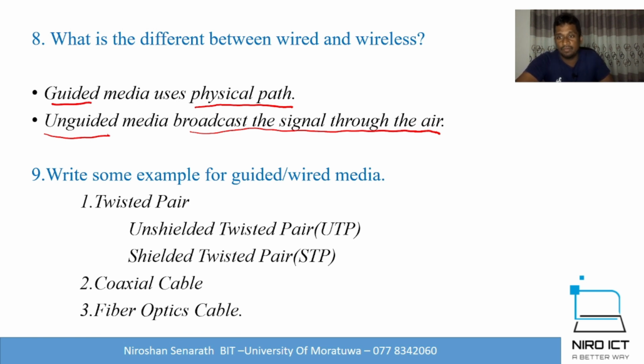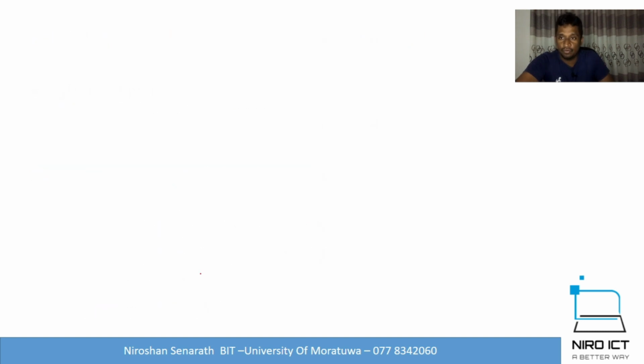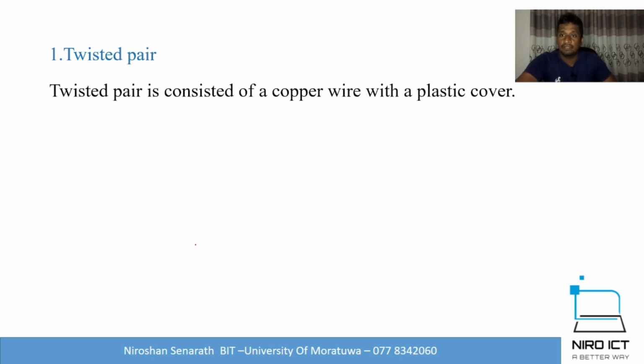So let's learn one by one. Twisted pair. Why do we use twisted pair? This type of cable is used for short distance data transmission. Why do I say so? Twisted pair consists of copper wire with a plastic cover.